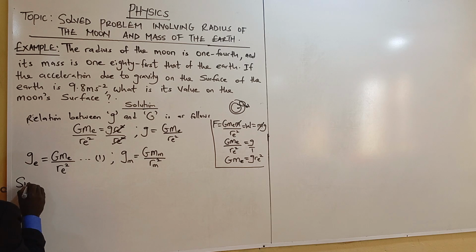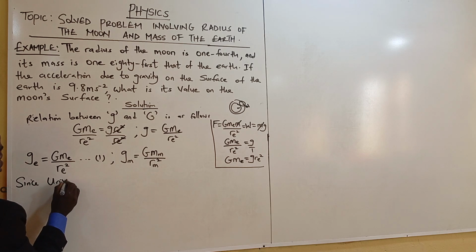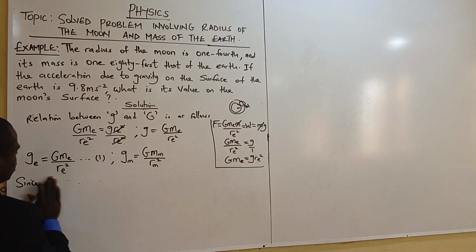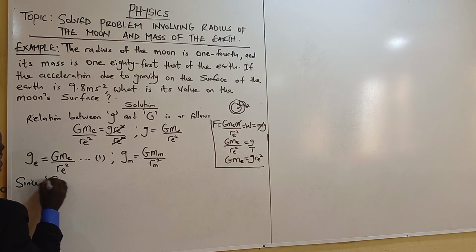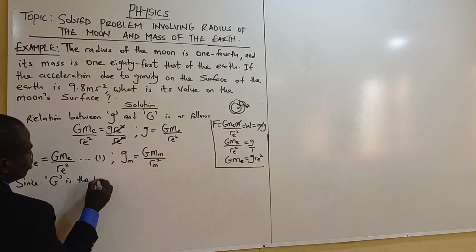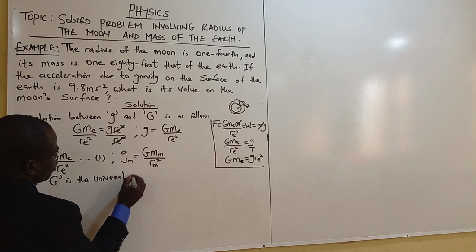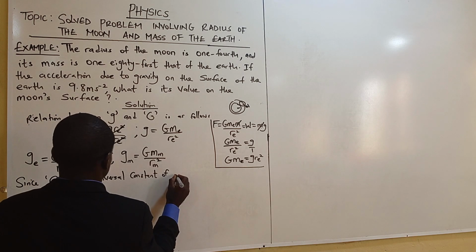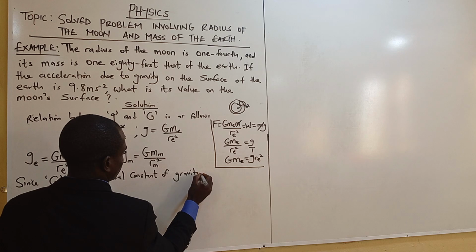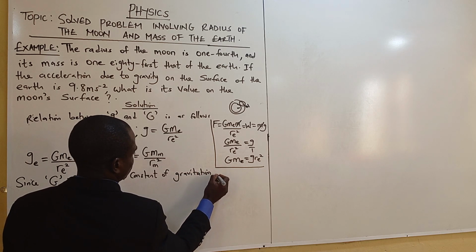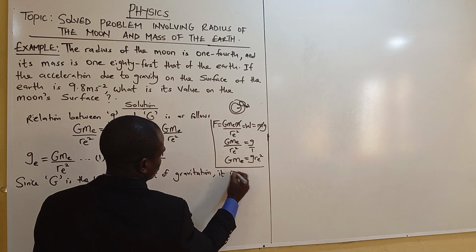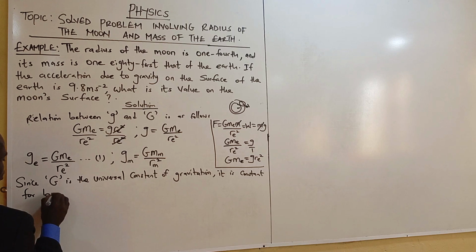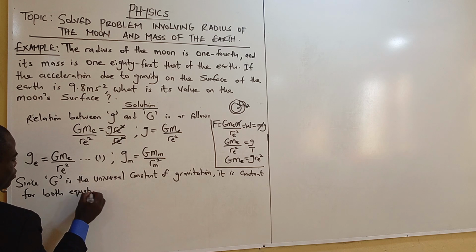Since capital G is the universal constant of gravitation, it is constant for both equations.